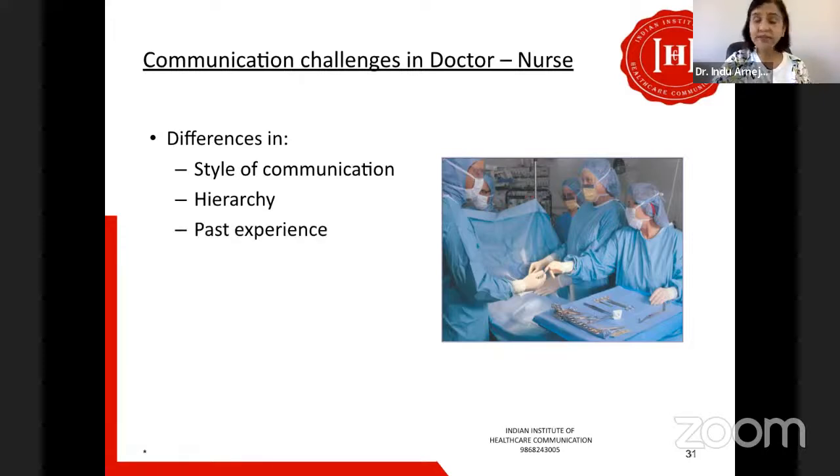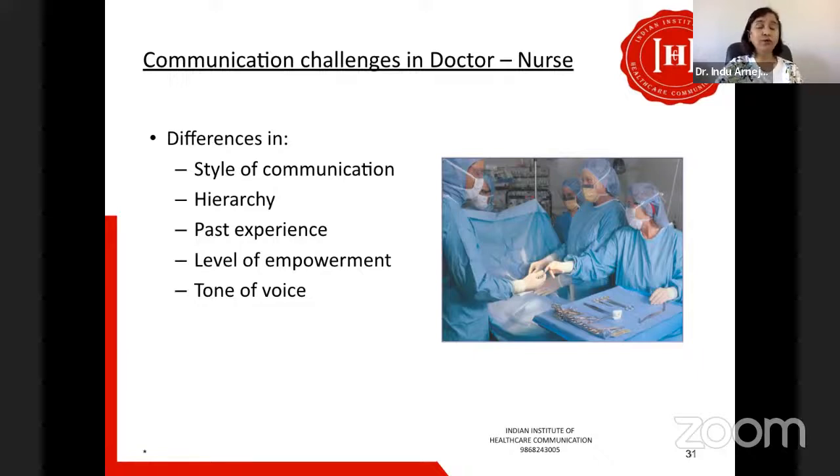Past experience where they have been snubbed or intimidated, people will not feel comfortable talking about a patient. Level of empowerment, I think we have talked about. Tone of voice: if the person is using an authoritative, rude tone of voice, the other person will become passive and will shy away from discussing it further.